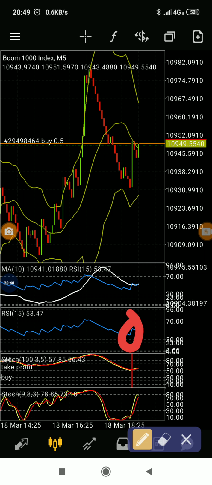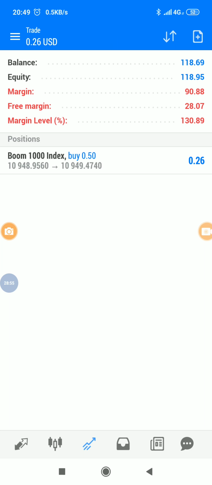The RSI was facing up. The stochastic 9,3,3 was facing up. That's why I took the buy. You can see it's buying.